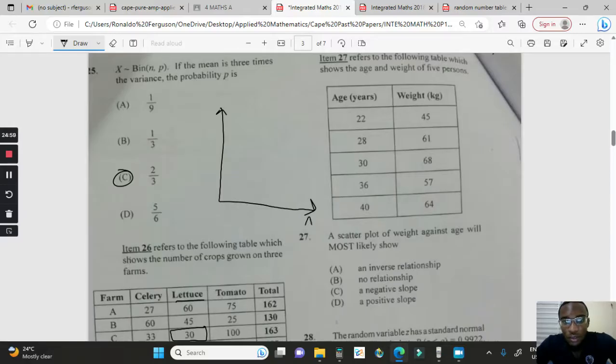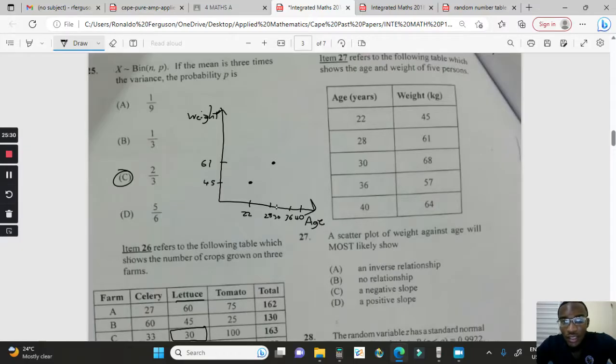The age is going to be down here and the weight will be up here. So notice 22, let's put 22 here, and then this is something like 28, this is 30, then we have 36, then we have 40. Now when it's 22, the weight is 45 right there. Then at 28, the weight is now 61.